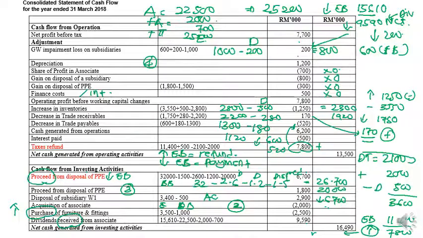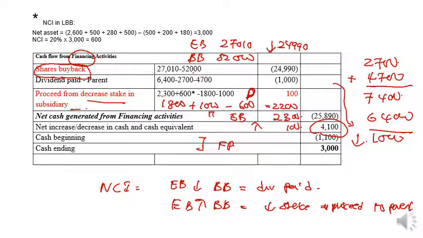Next one we proceed to the financing activities. Now we look at the financing activity. Financing activities here are related to the share capital. The share capital's beginning balance here is 52. The ending balance here becomes 27,010.